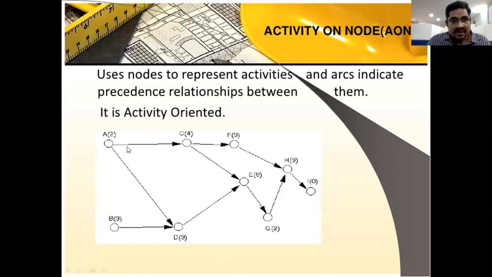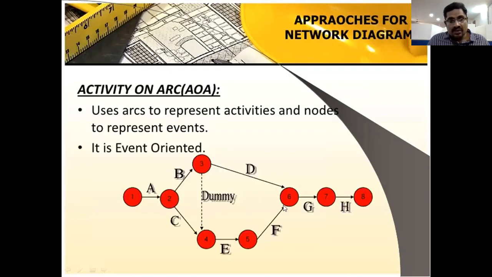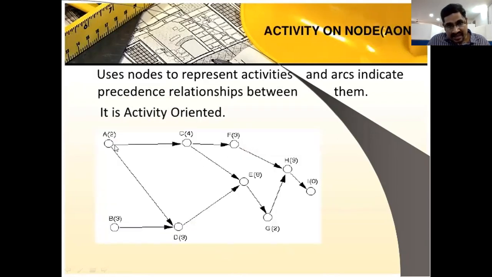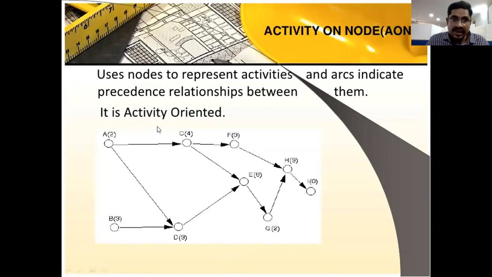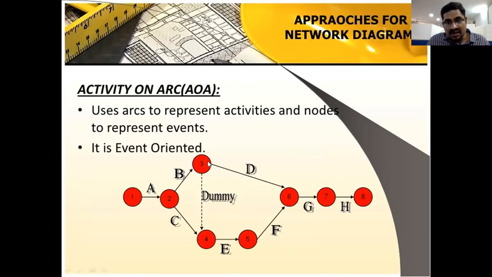This activity belongs to G, right? But here, this node indicates or represents the activity name A. This activity belongs to C, and this one to F, and so on. So in activity on arc, this arrow indicates the activity, but in activity on node, this node indicates the activity.